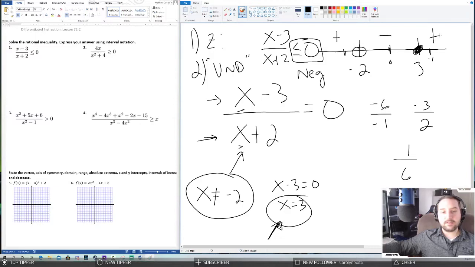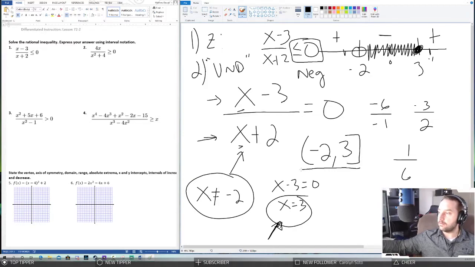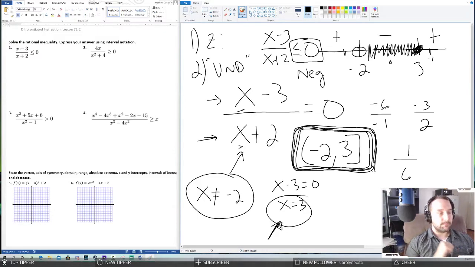So we said the values that we were looking for are the negative values. So my answer is going to be from -2 to 3, and that right there is going to be my answer.